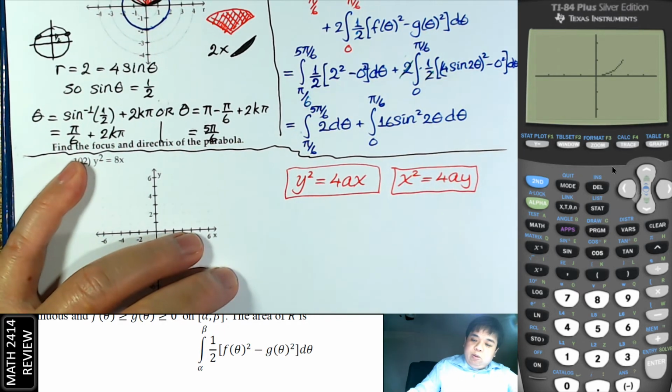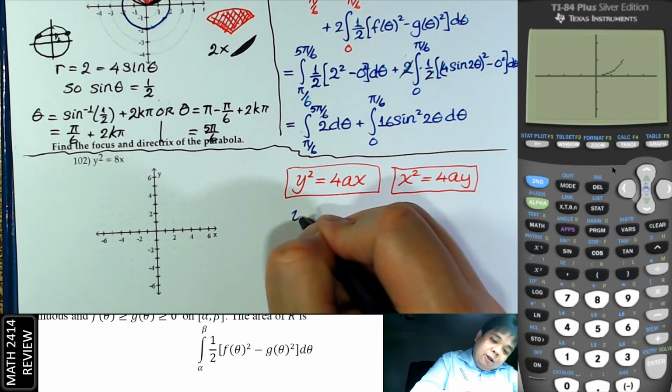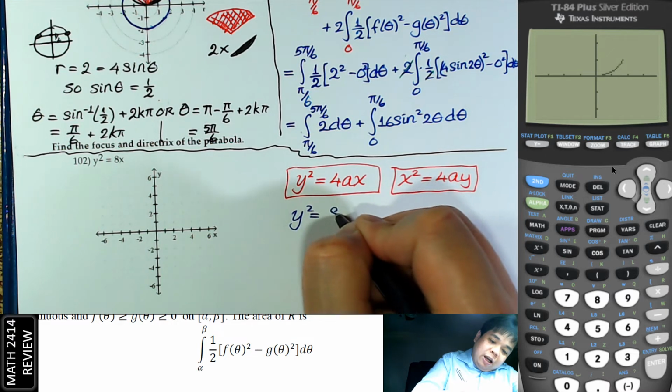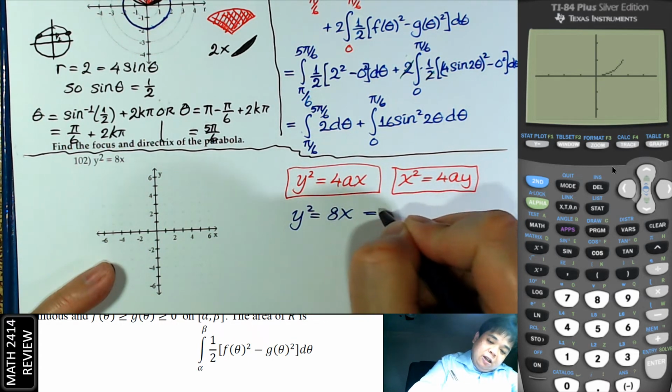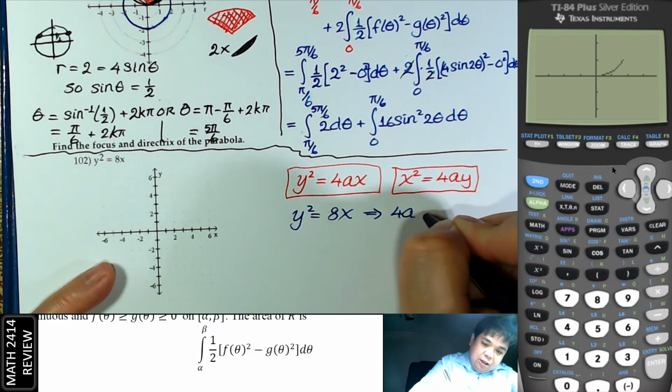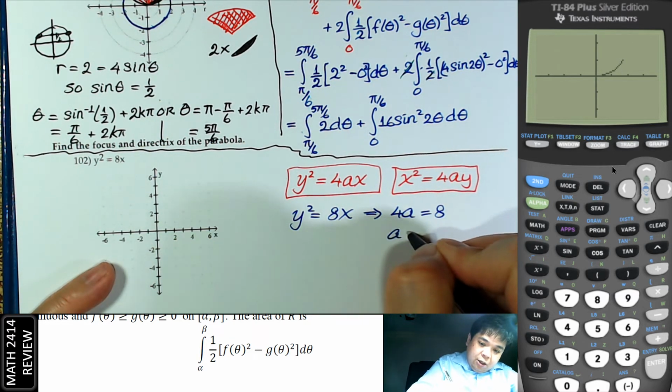Bottom line is, this one is in y. So first we're going to solve for a. We have y squared equal to 8x, and now we're matching 4a, which must be 8. So a is 2.